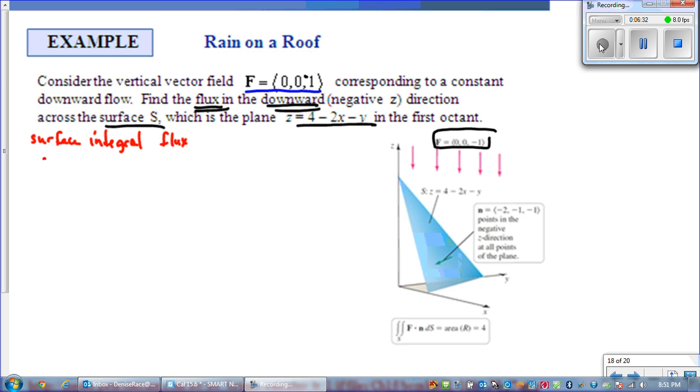Okay, so we're going to have the double integral, the F dot n. Now this one, they actually are giving it to us explicitly. This is the surface. And this is my F.